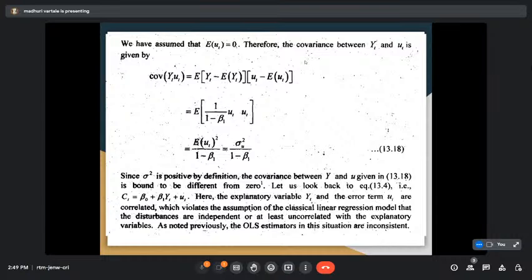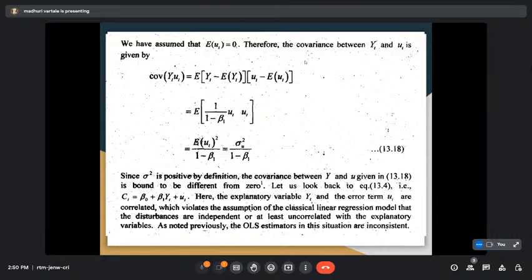Let us look back at equation 13.4, that is ct is equal to beta 0 plus beta 1 yt plus ut, where the explanatory variable yt and the error term ut are correlated, which violates the assumption of the classical linear regression model that the disturbances are independent or at least uncorrelated with the explanatory variables.